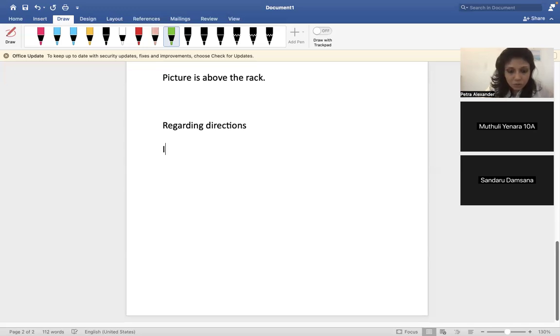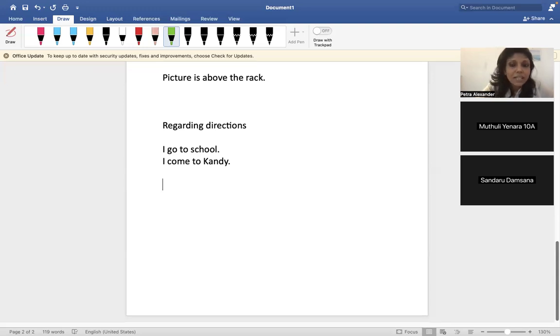I go to school. I come to Kandy. Like that. You use to with go and come, right? But you don't use to with home. I go home, I come home, right? Okay. Next one.